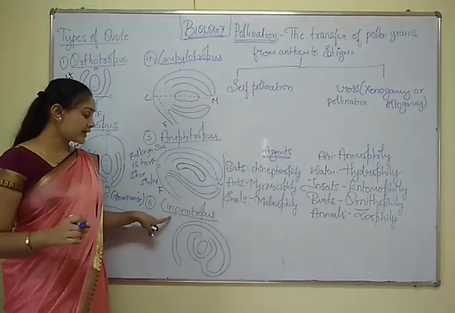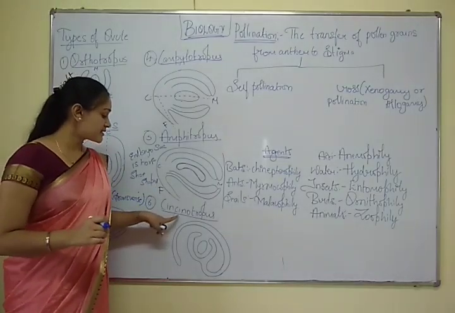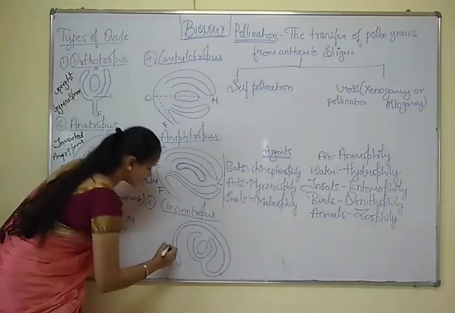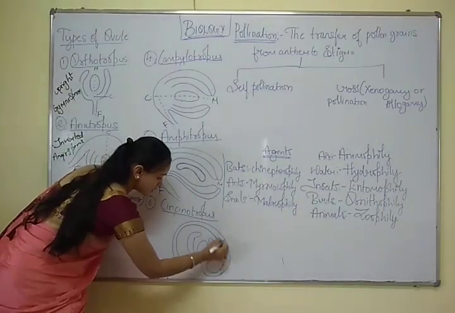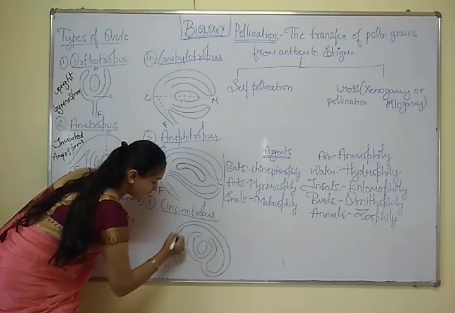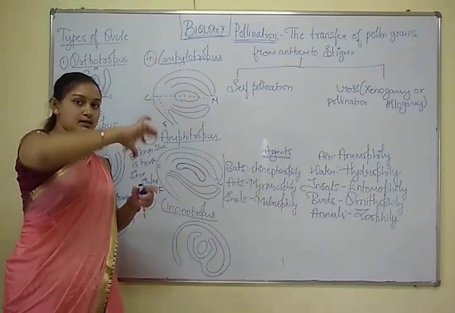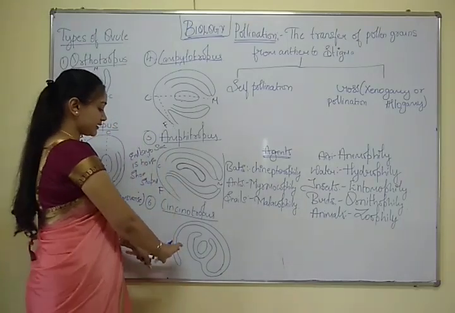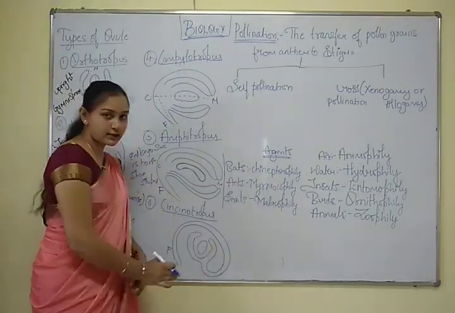And the last one is the syncytiotropous ovule. In the syncytiotropous ovule, this is a very long twisted structure, that is the funicle. The funicle takes one complete turn.